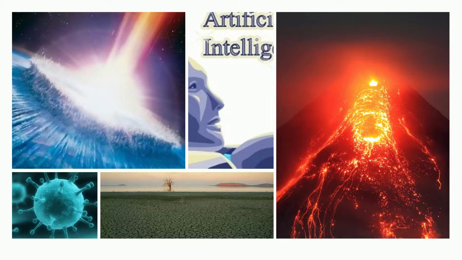NASA announced in 2011 that it had mapped out more than 90% of objects in space which are larger than 1 kilometer, and there is no chance of them ever hitting Earth, but there's still a lot that we don't know about the smaller objects in space, so it still poses a risk of global catastrophe.